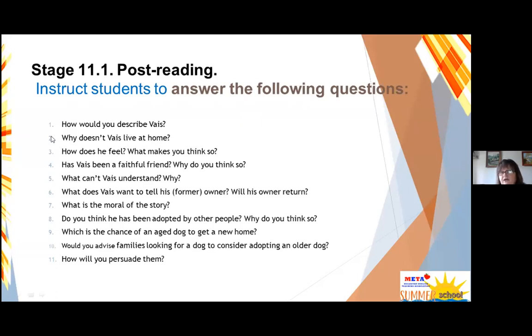If you look, there are questions whose answer is very easily found in the text. However, there are some questions which require critical thinking skills. For instance, what is the moral of the story? Do you think he has been adopted by other people? Why do you think so? What is the chance of an aged dog to get a new home?